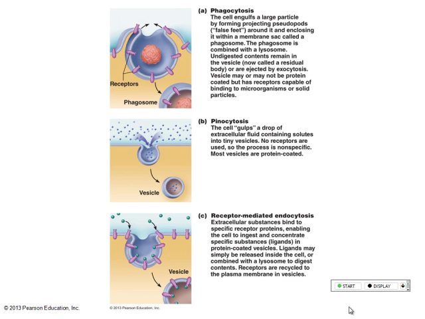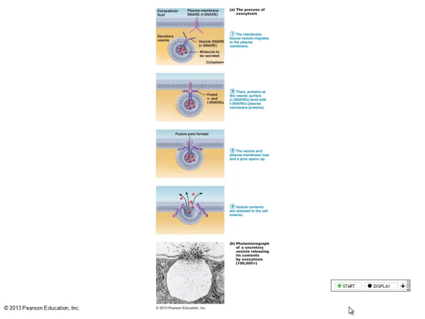Receptor mediated what? Make me a package, bring it in. Endocytosis. So these are different ways of what? Or different forms of what? Which is what kind of transport? Active transport. So these are different forms of active transport. Different ways of bringing things into and allowing things to leave the cell.